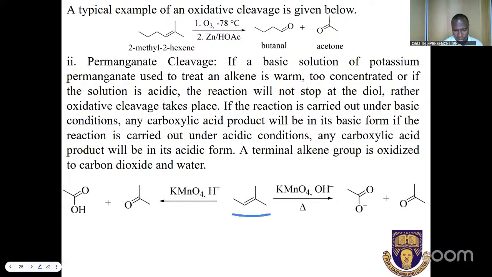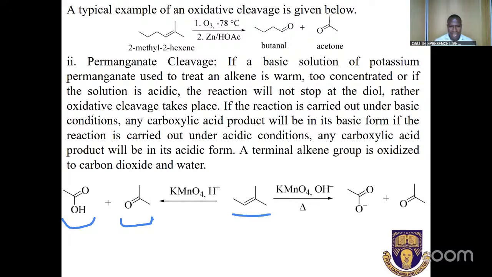So this is the middle structure. There is the starting material. What I've done is to show with one equation to the left and another equation to the right what is taking place. If you look at it using acid conditions, that is acidified KMnO4, if you treat this alkene with acidified KMnO4, you end up with again a cleavage at that double bond, but in this case you end up with the oxidized version.